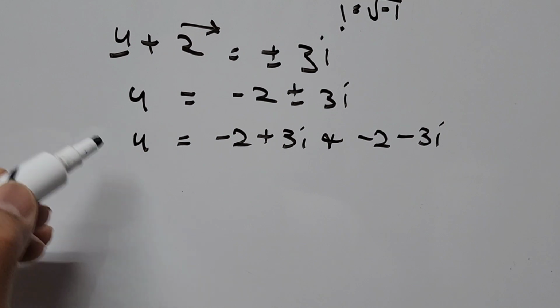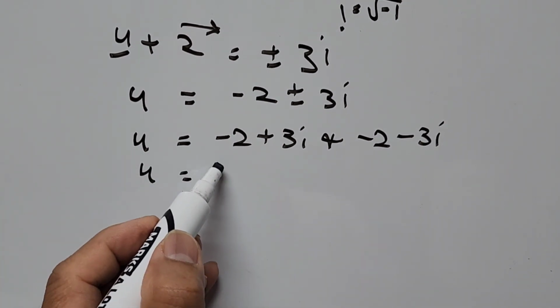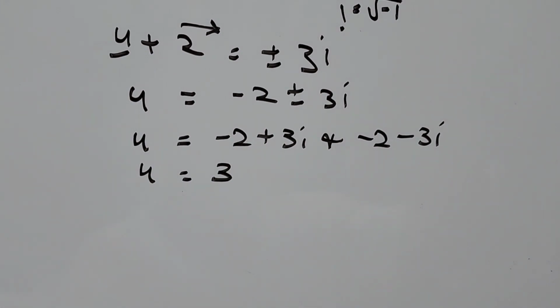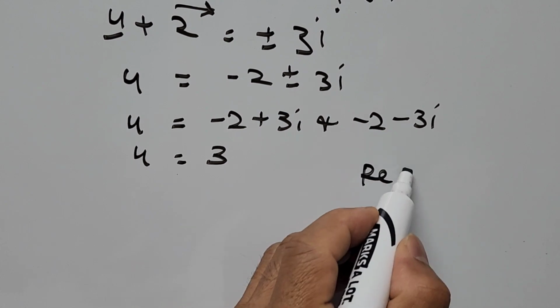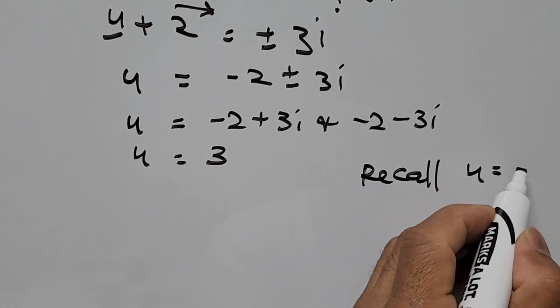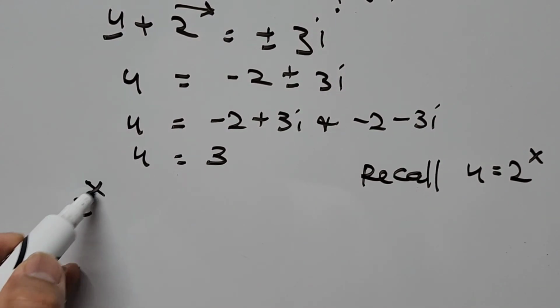And we have another value of u from earlier, u is 3. We can recall that the value of u is equal to 2 to the power of x. So we have 2 to the power of x equals u.